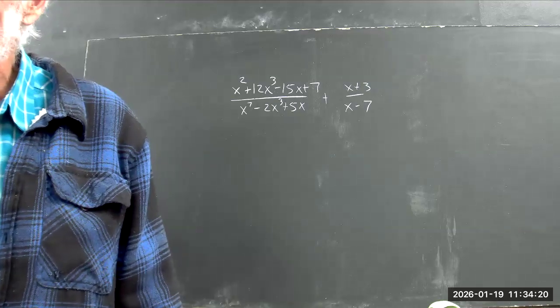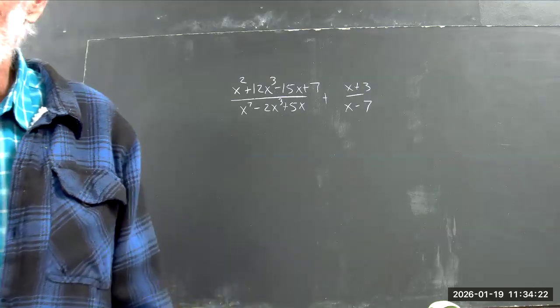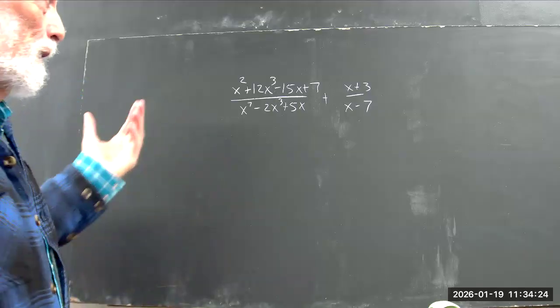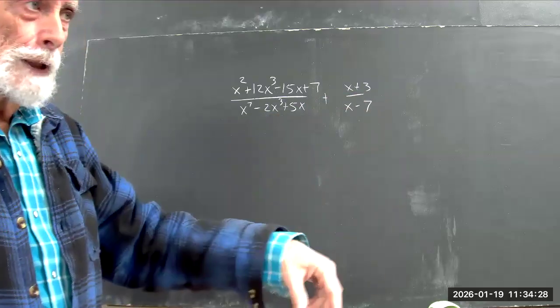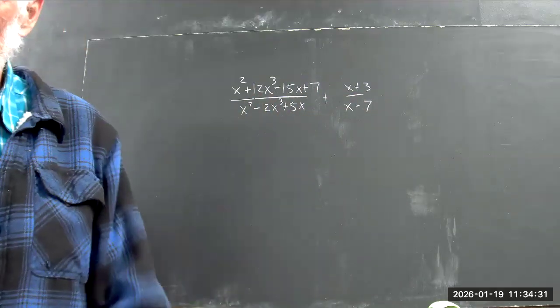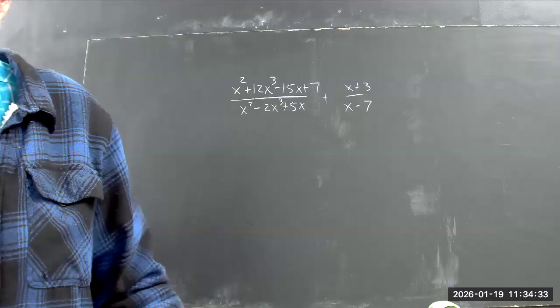Say no, unless you really do. Because to add these, you've got to factor these things, see if there are any common factors between the denominators, and then put everything over a common denominator and then add it.